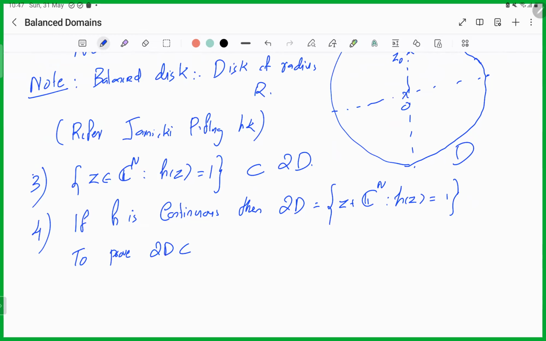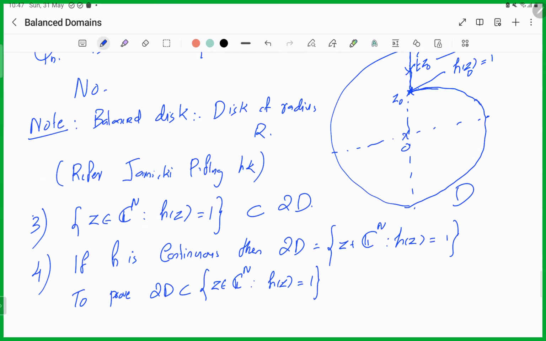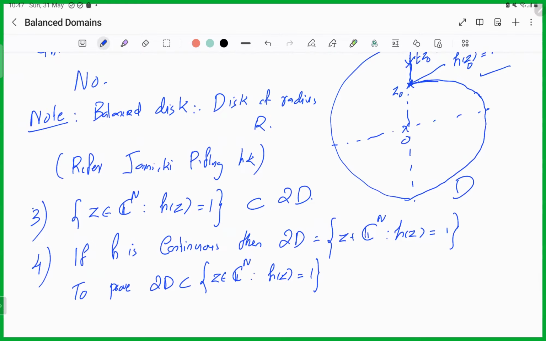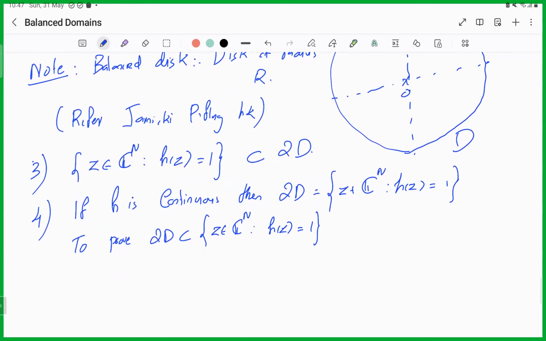Can anyone tell? If anyone gets the answer, please let me know. How to show that? Here, actually, it is not true. Why is it not true? Here it is not continuous. In this example, the domain D is not continuous. Can anyone tell the proof of property 4?